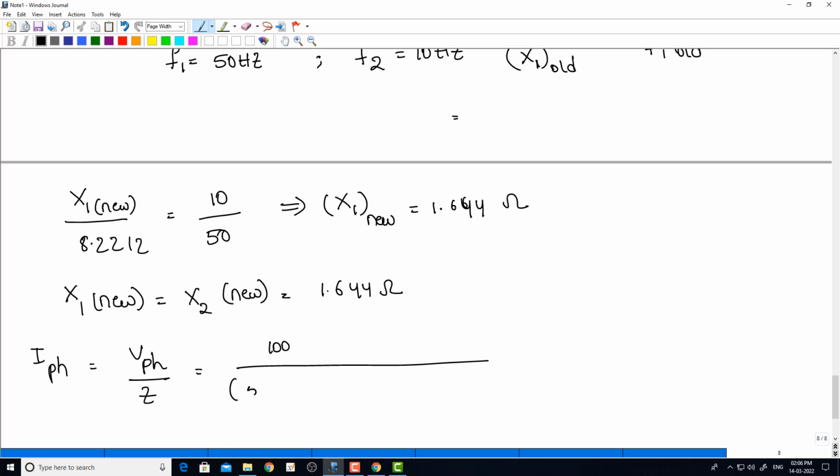R1 is how much, guys? 5.39 plus R2 is 5.72 plus j into X1 new, which is 1.644, plus X2 new, which is 1.644, which is equal to 8.63 amps. This is only the magnitude.